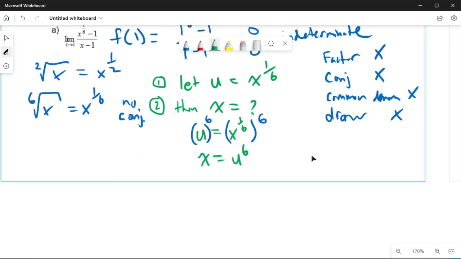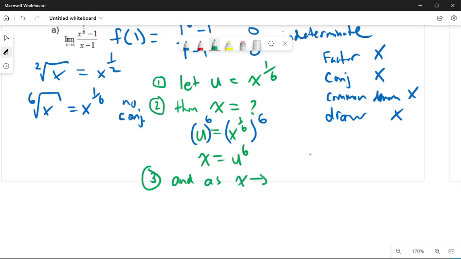Now step 3: as x approaches 1, u must approach what? Well, if x approaches 1, then 1 to the power of 1/6 also approaches 1, and u is the same thing as x to the power of 1/6, so u must also approach 1.